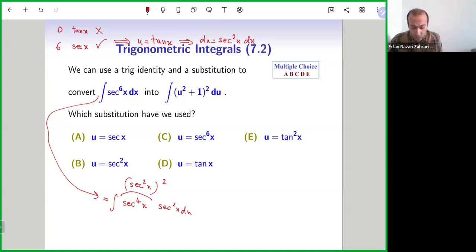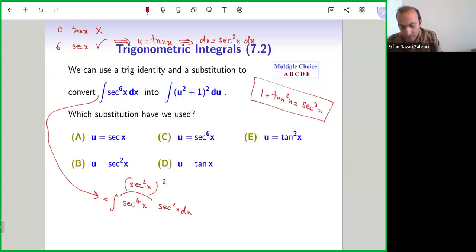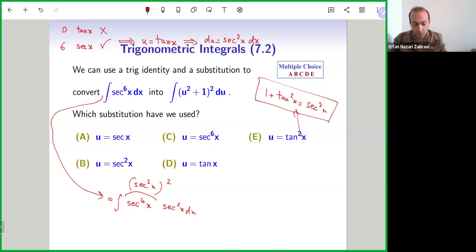And for secant squared, do you recall which equation I need to use? 1 plus tangent squared is secant squared. That's the identity that I should use for the conversion. I need to convert all these secants into tangent. So secant squared is 1 plus tangent squared. Let me write it down.